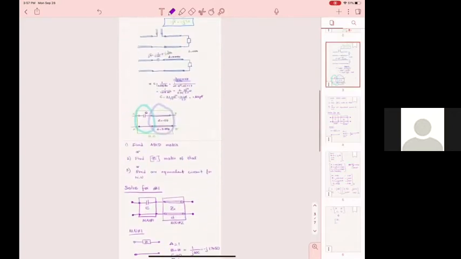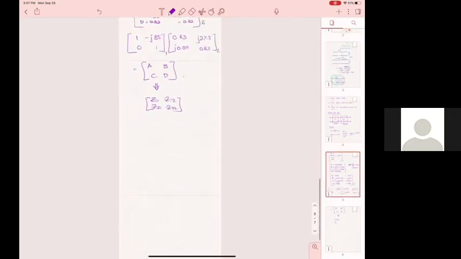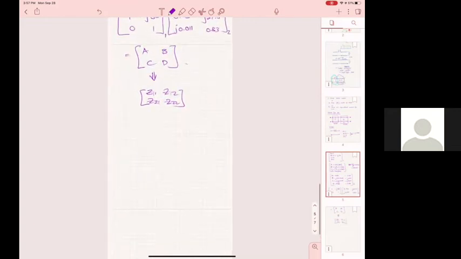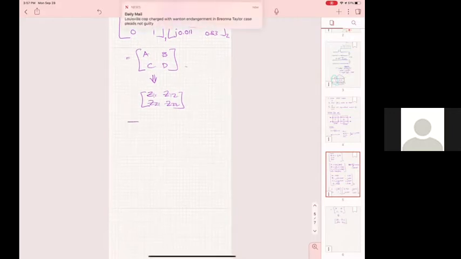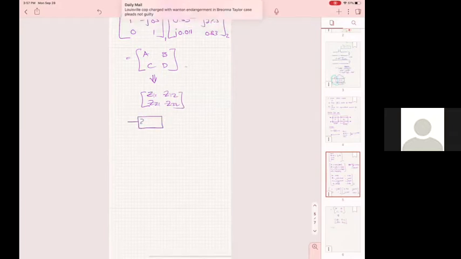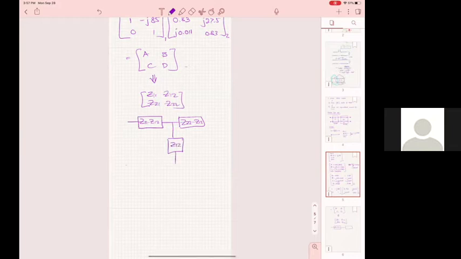And then from the Z matrix, I would find the equivalent circuit for the whole circuit like this. It would be symmetric, obviously. And it will be Z11 minus Z12. Well, not exactly sure. I don't know whether Z11 and Z22 are the same, but in any case, Z22 minus Z12 and Z12. And that's the equivalent circuit for that.